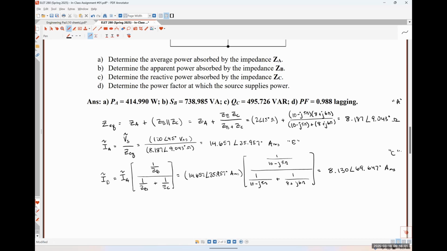So if we wanted to find IC, we could do current division if we were so inclined. I'd like for you guys to practice and tell me what that current division relationship would look like here.